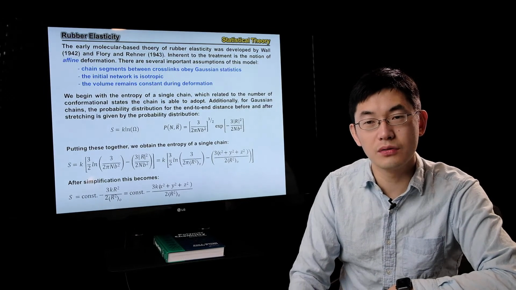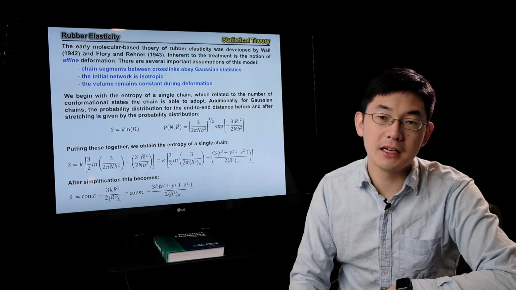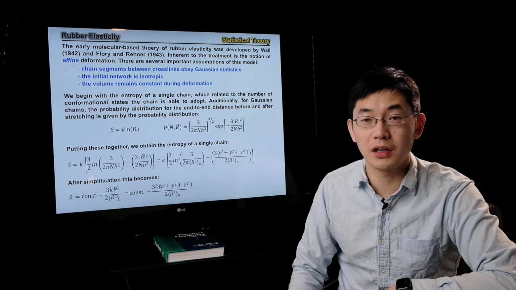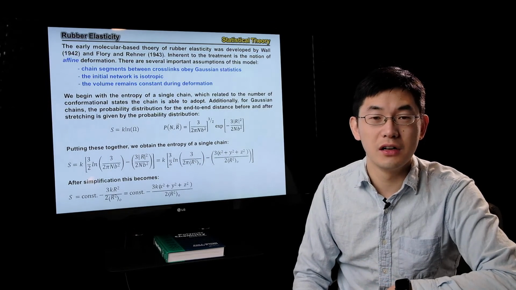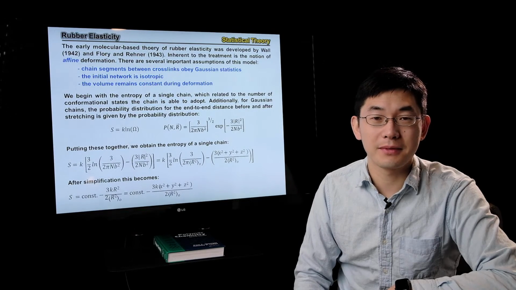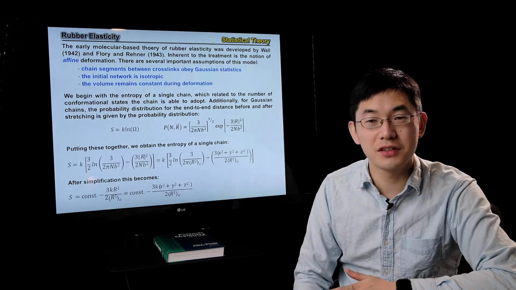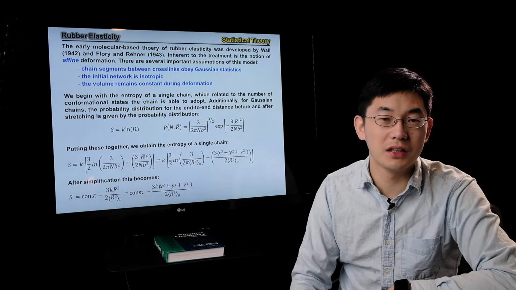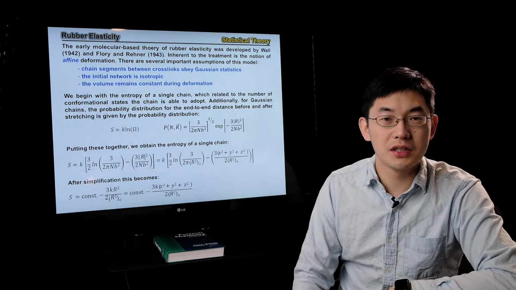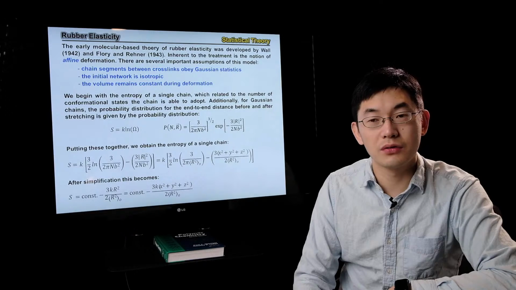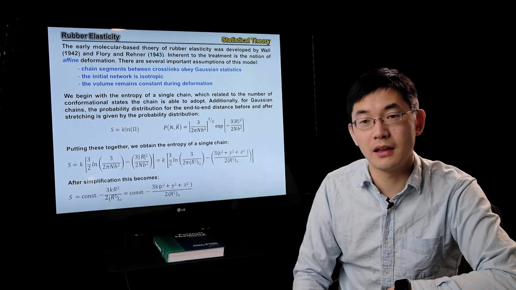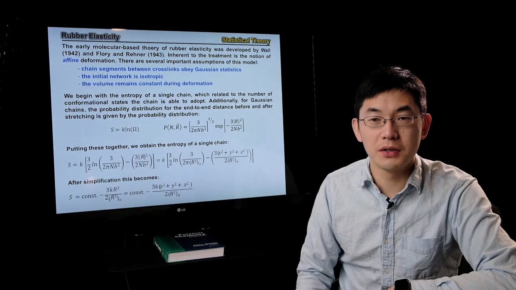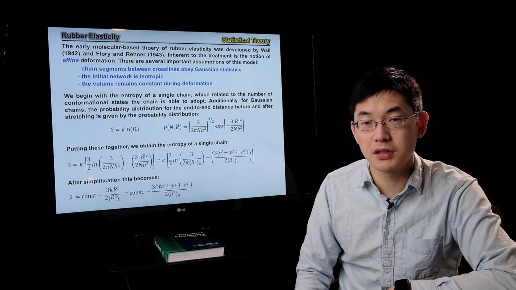You can still calculate it, but it will really complicate your results. For the sake of today's lecture, we don't need to go that route, and we can just keep it simple, okay? So your system is going to be isotropic. That means there is no deformation in the coil before we stretch it.